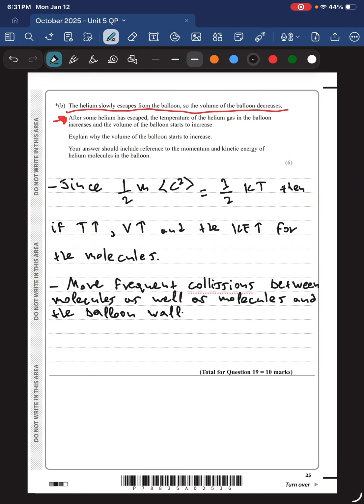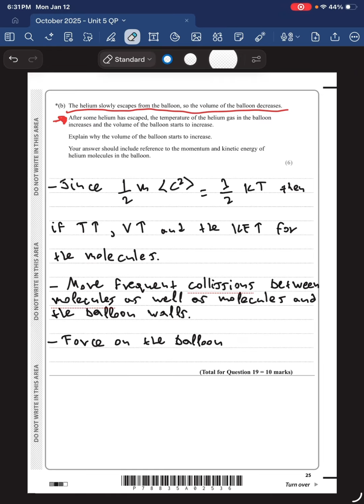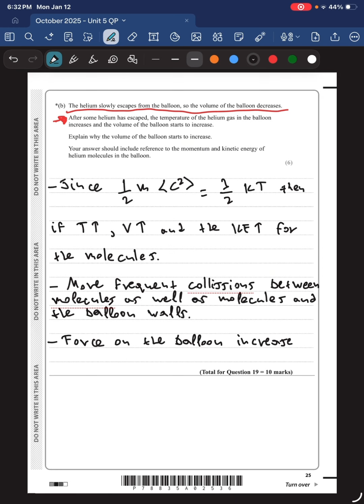So the force on the balloon increases due to the more frequent collisions, right?